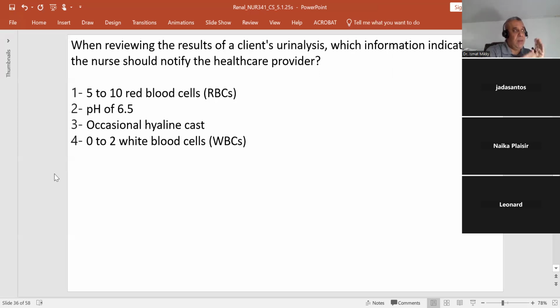I don't think you have reviewed the reference ranges, the normal ranges. The normal pH range in urine is 4 to 8. So 6 is within normal range, right? 6.5 is okay, it's normal.